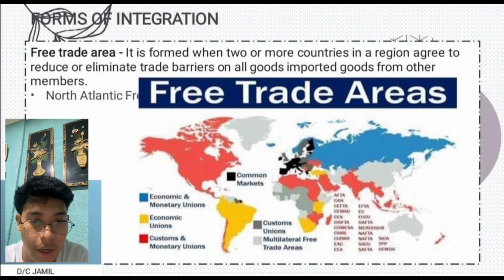A free trade area is formed when two or more countries in a region agree to reduce or eliminate trade barriers on all goods imported from other members. So these are the free trade areas. Economic and monetary unions include economic unions, common markets, customs unions, and multilateral free trade areas.